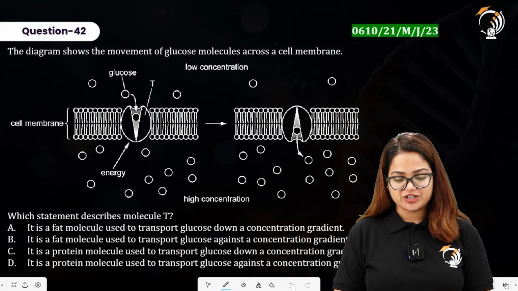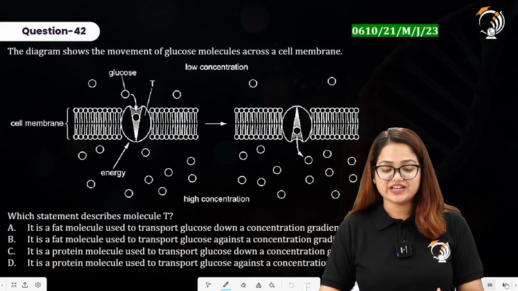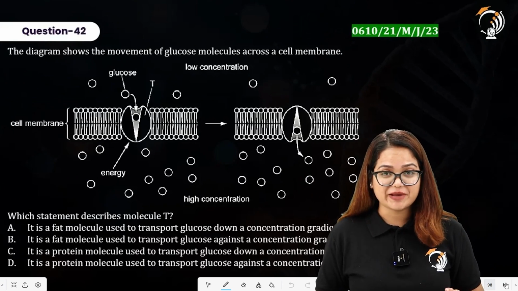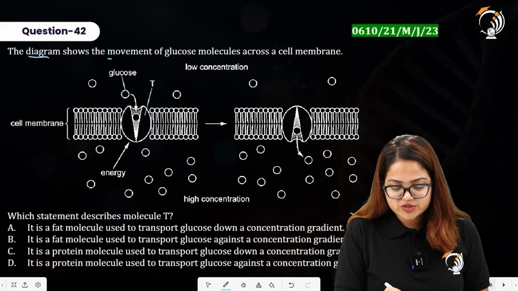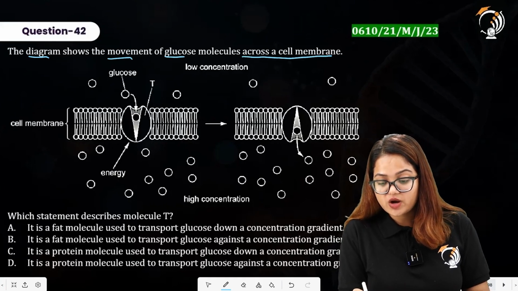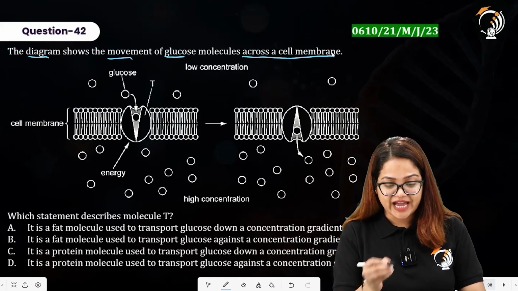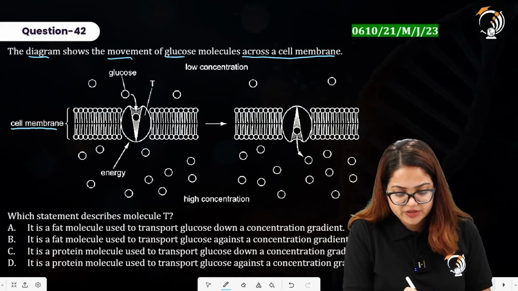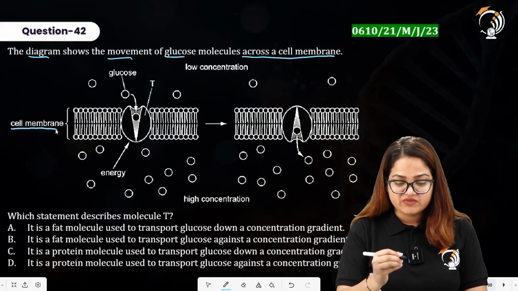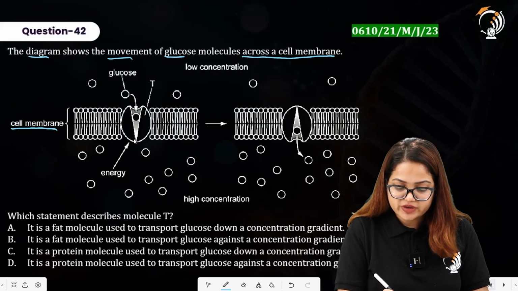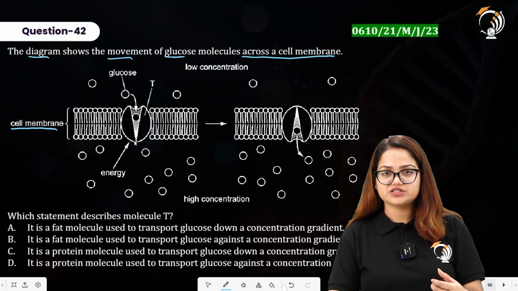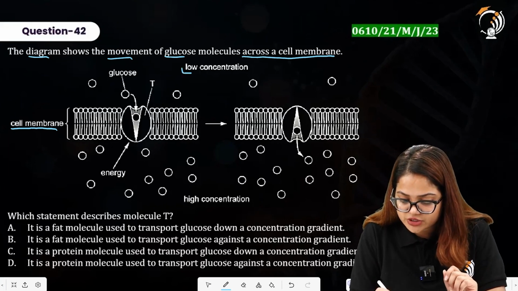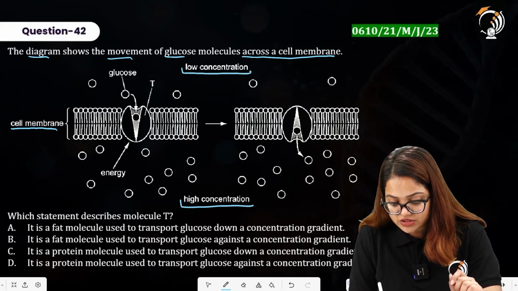Moving to question number 42. I guess this is straightforwardly understood by you all, that this is showing a type of active transport. So let us read the question. The diagram shows the movement of glucose molecules across a cell membrane. We have this cell membrane in which phospholipids are presented. We have this molecule over here that is responsible for carrying the glucose against its concentration gradient, that is from a region of low concentration to a region of high concentration.